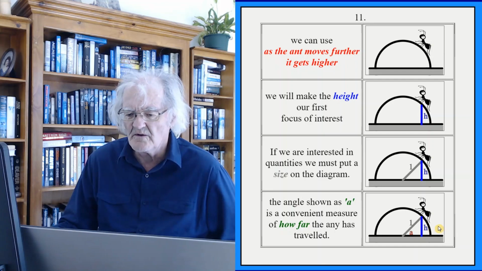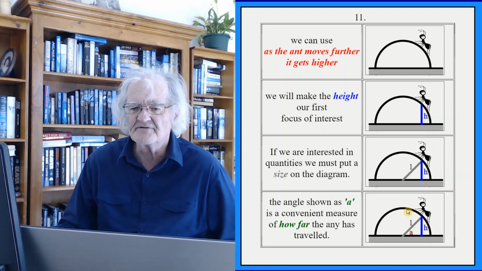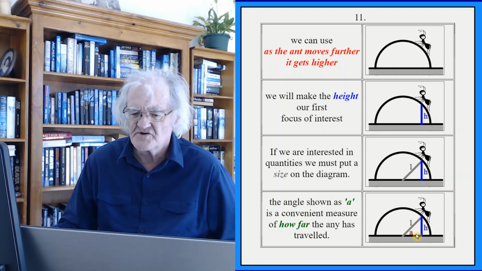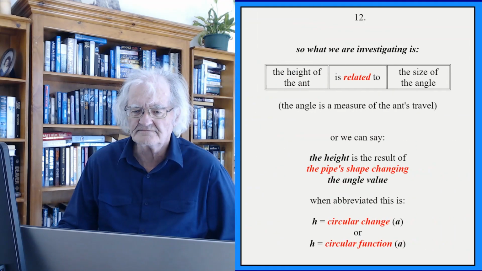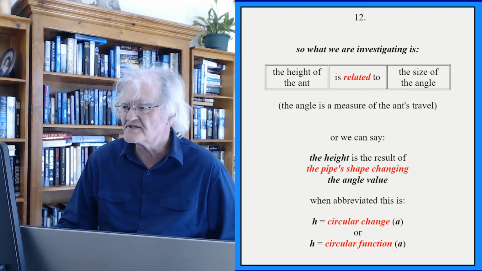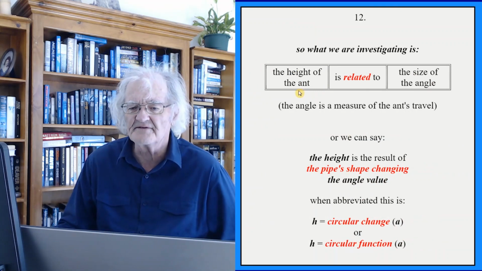When A is small, the ant hasn't gone very far at all. As A gets bigger, the ant has travelled further. So I have two variables. How high is the ant as it moves around the pipe, generating an angle we can monitor. So what are we investigating? It is the height of the ant being related to the size of the angle I mentioned.